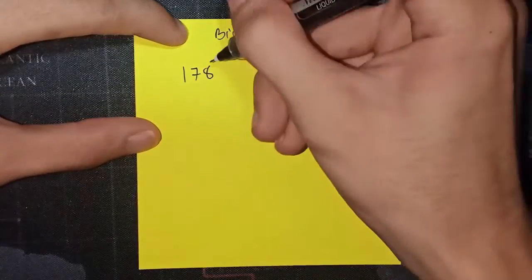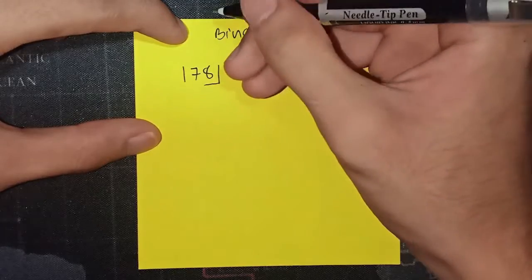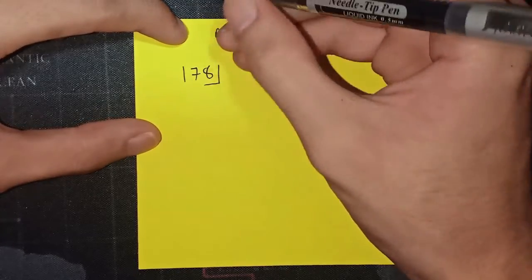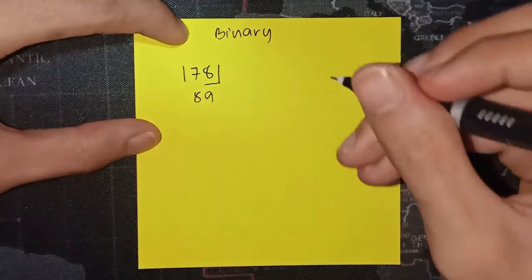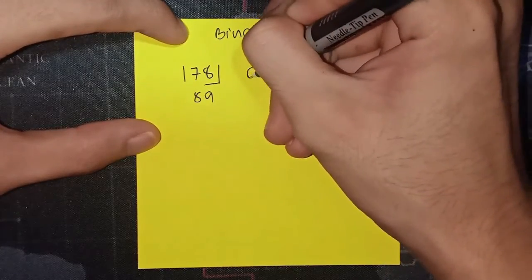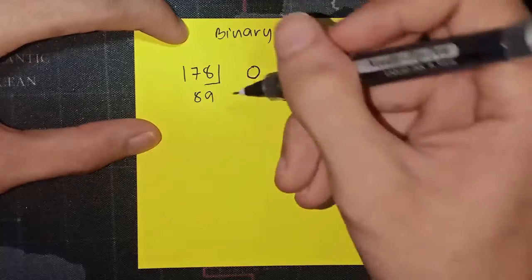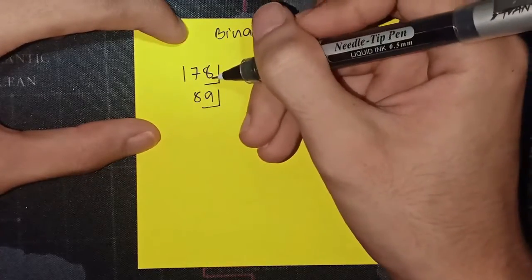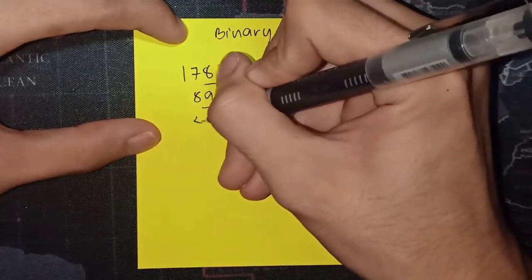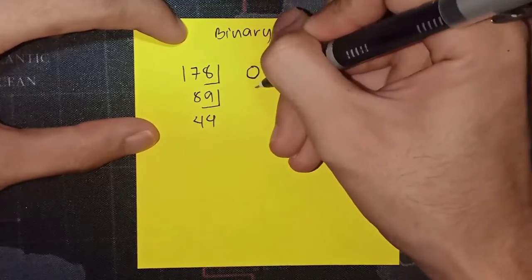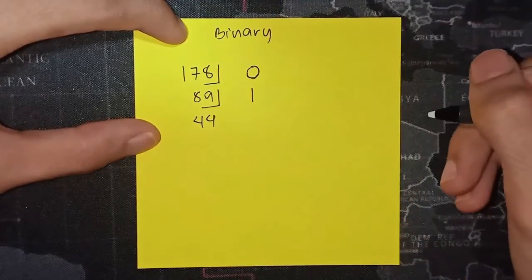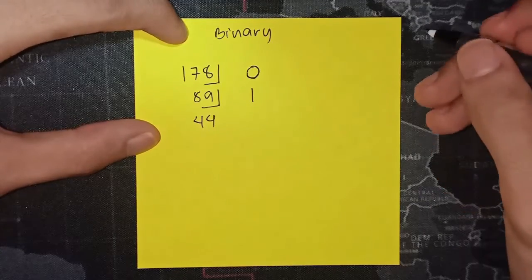Just like this, divided by 2, which is equal to 89. Since it has no remainder, we're just going to write 0 here. Then do it again, and it is equal to 44. Since it has a remainder, we're going to write 1 next.